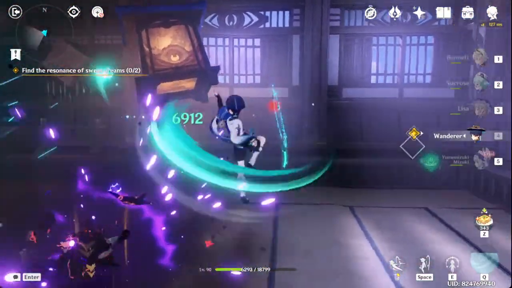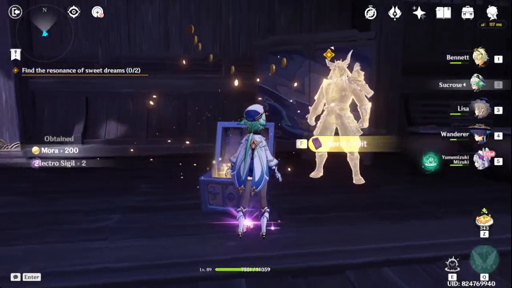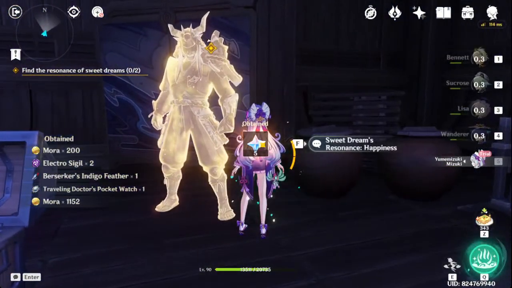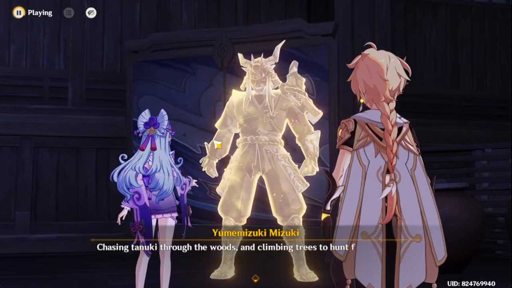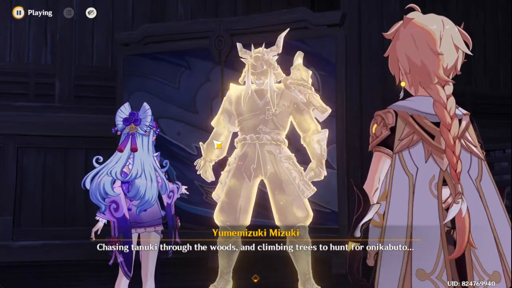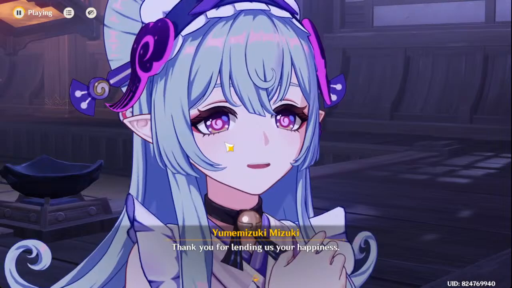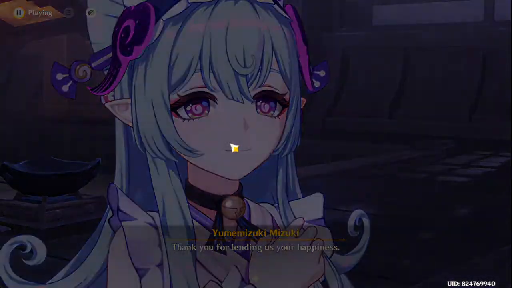Behold! Chasing Tanuki through the woods and climbing trees to hunt for Oni Kabuto. Thank you for lending us your happiness.